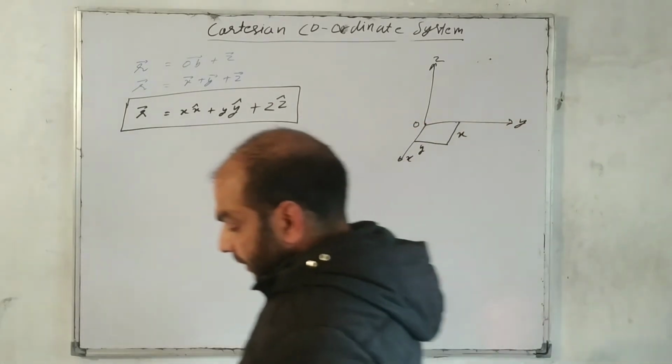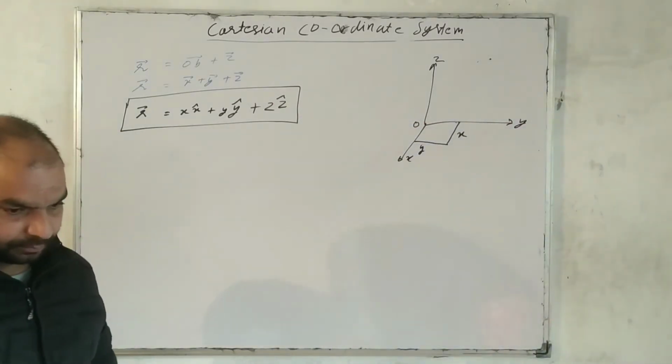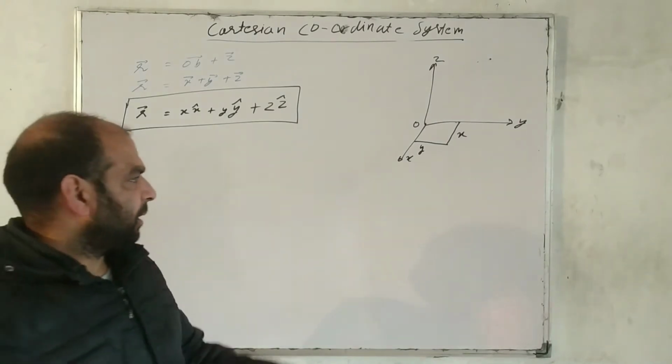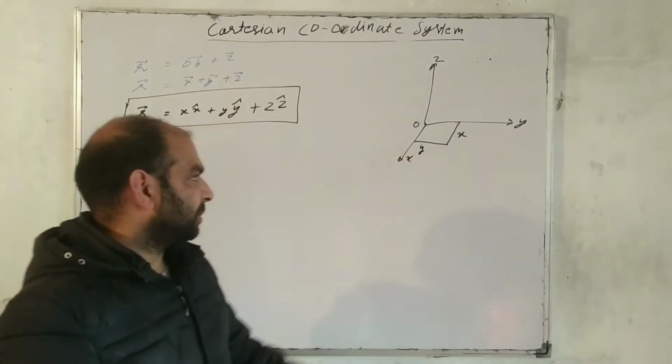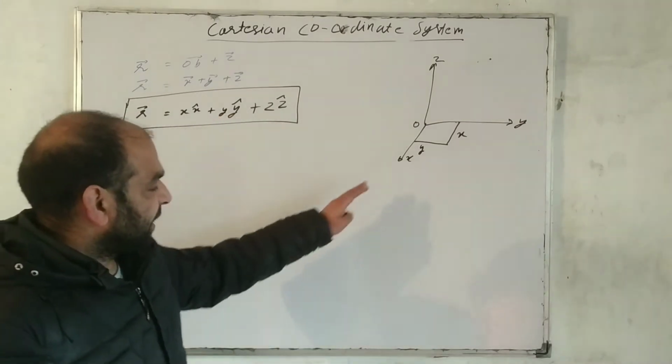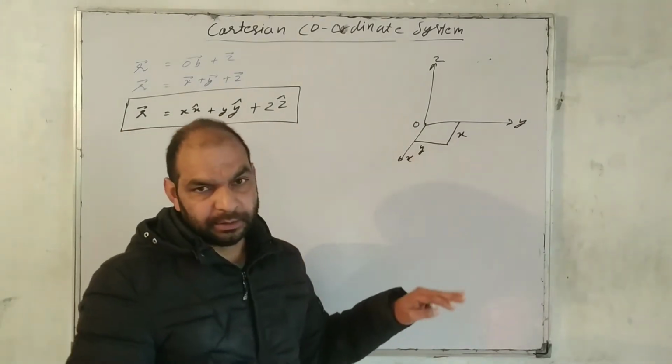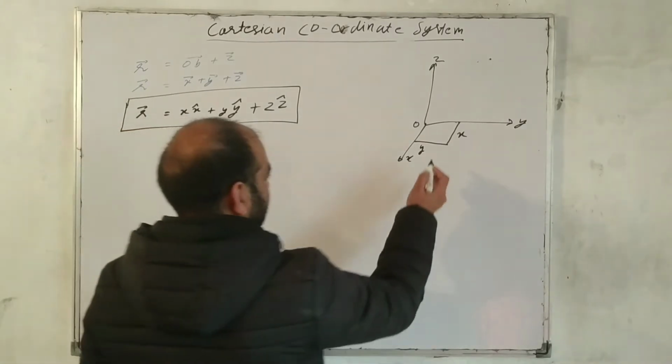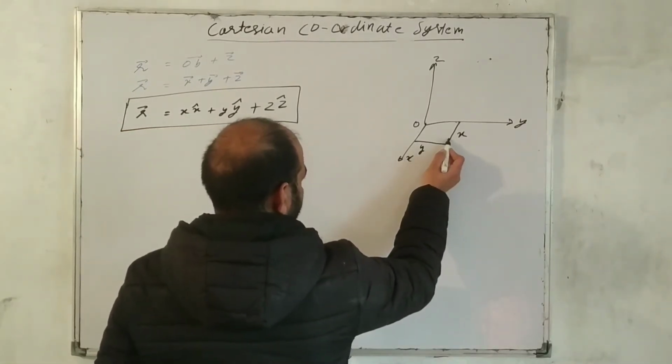So, to write a small area element in a Cartesian coordinate system: area is a two-dimensional quantity, so we are considering the xy plane, which is two-dimensional. Consider a small area element here.